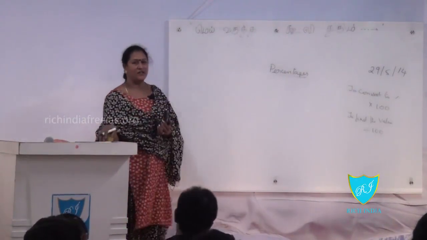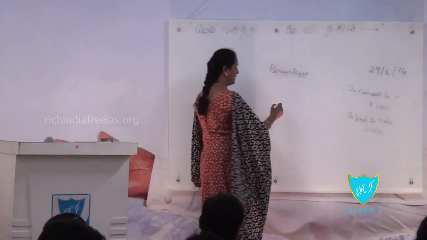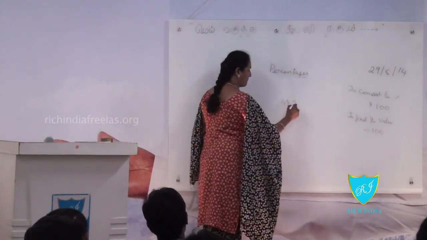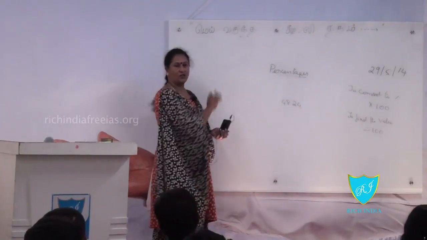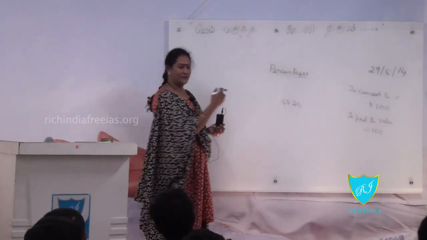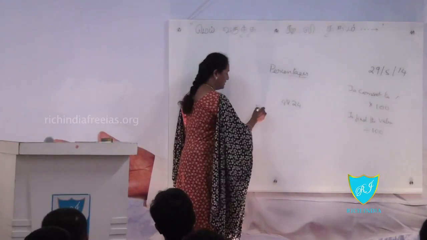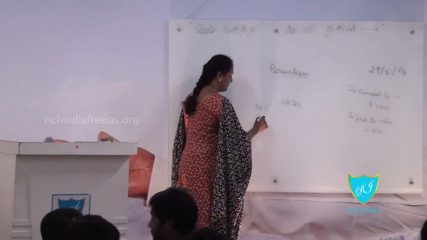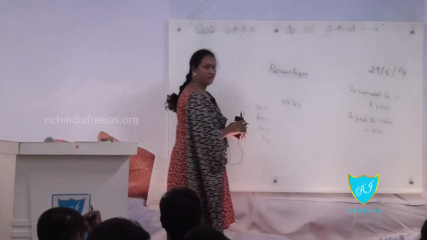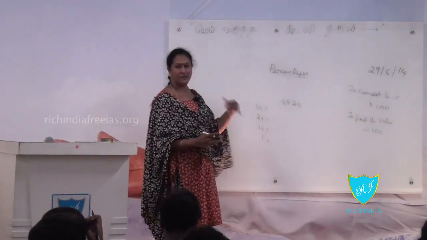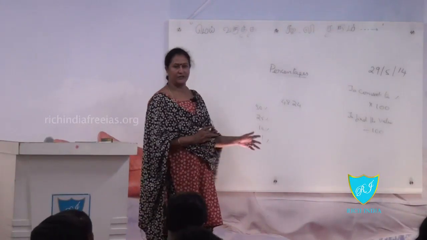So suppose the number is given, say you have 4824. These are the basic percentages, and we will be using all of this in data interpretation to find the percentage. So 50%, 25%, 10% and 1%. With this 1%, if you want 3%, multiply by 3.